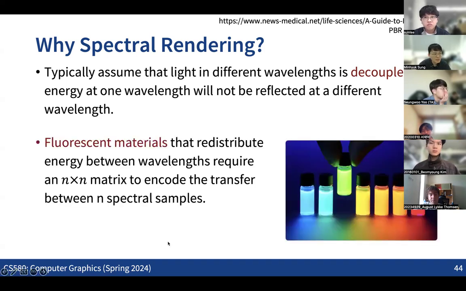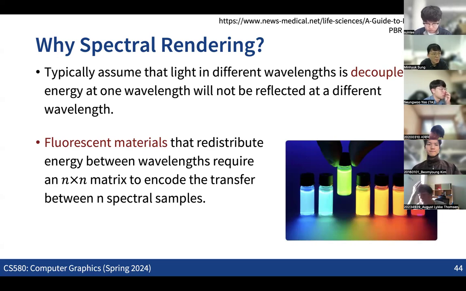An exceptional case is fluorescent materials. In those cases, the energy can be redistributed over different wavelengths, so the reflection effect should actually be encoded with an n by n matrix, where n is the number of spectral samples.